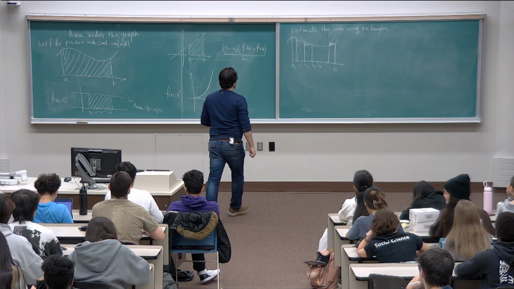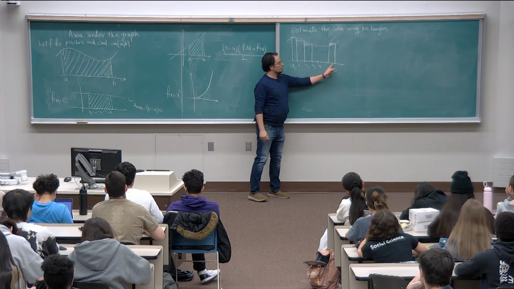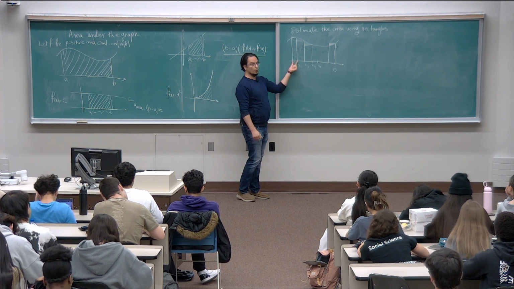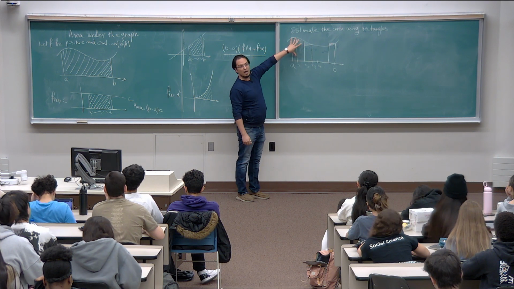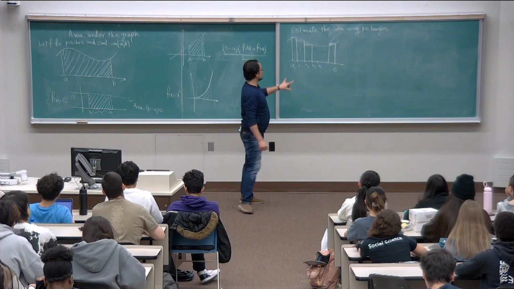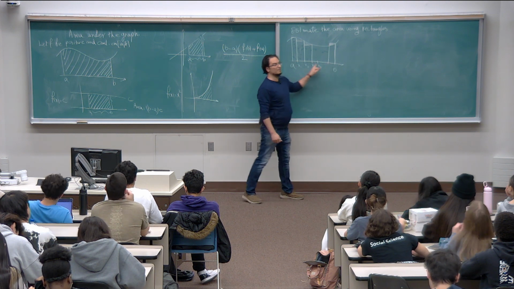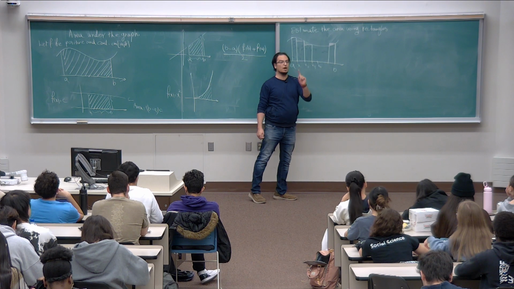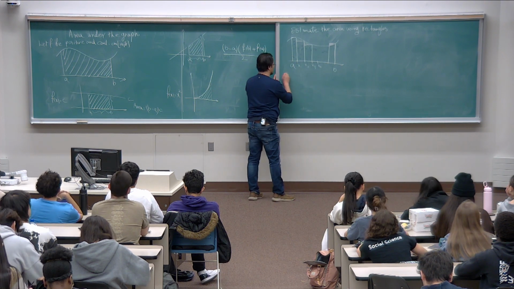Okay, so for each rectangle, I need to get two values. One, the width, the other one, the height. Let's work on the width first. Remember that I said I am dividing my interval into n equal subintervals. So that's my first step.